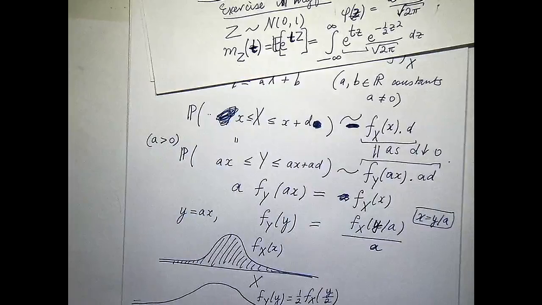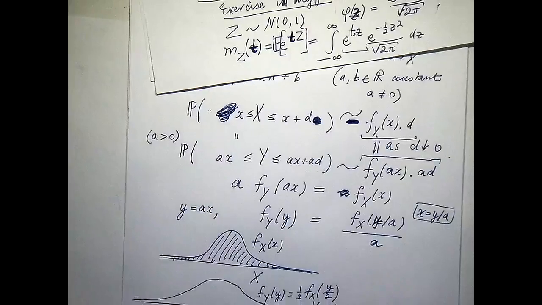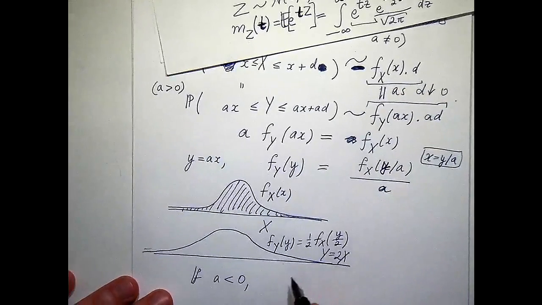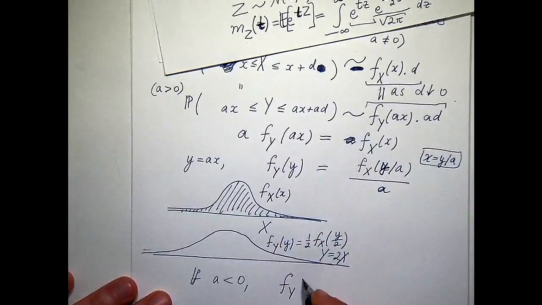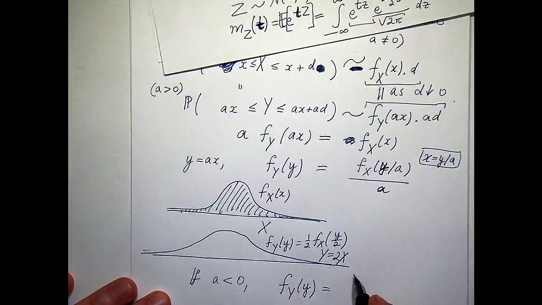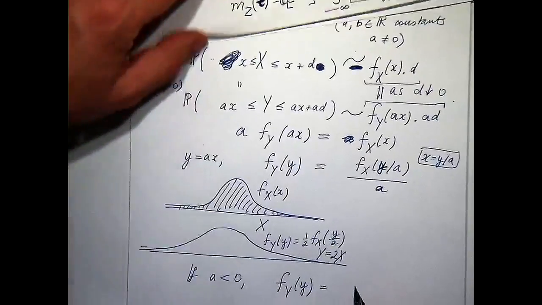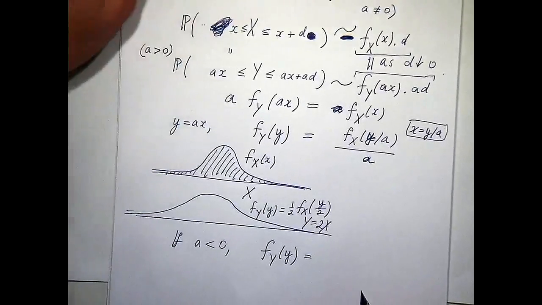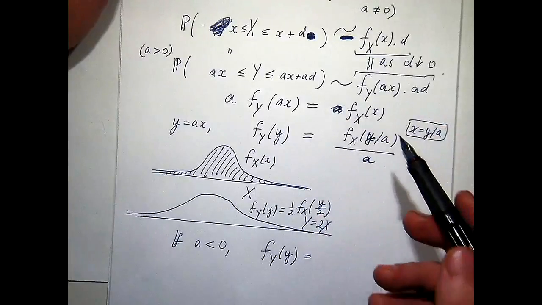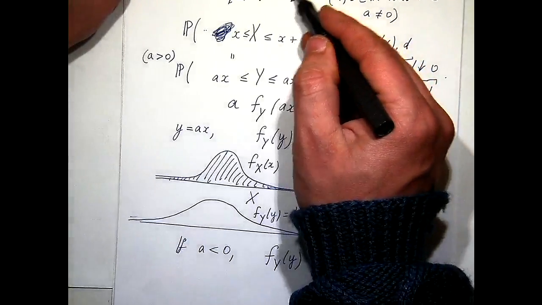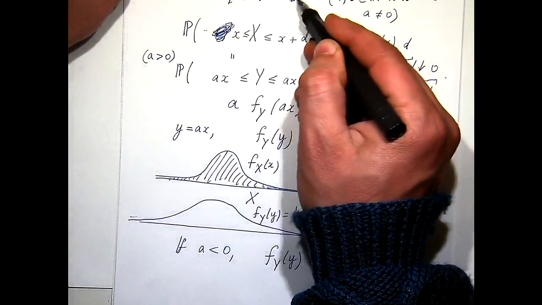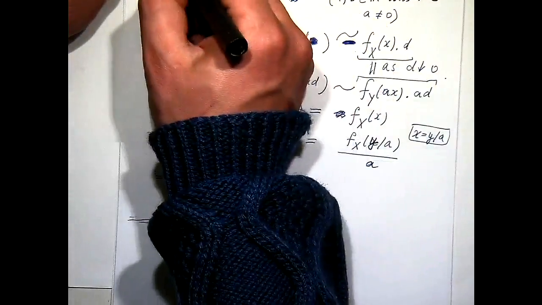Okay, if a is less than 0, it's slightly similar, but we don't want to be dividing by a negative number. So it turns out that the direction is just flipped. I realise that I've actually done it in the case where there's no shifting.